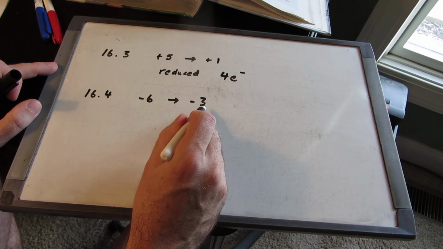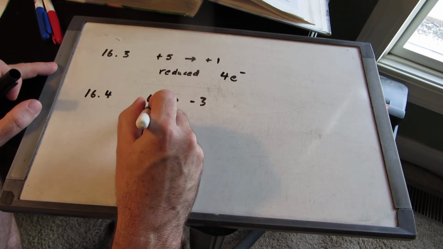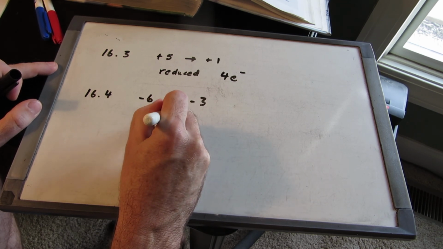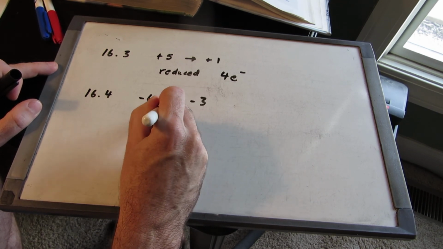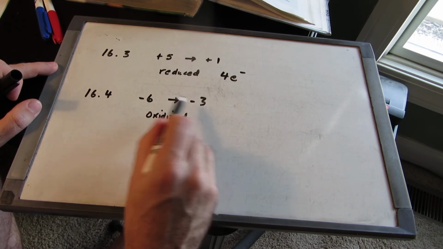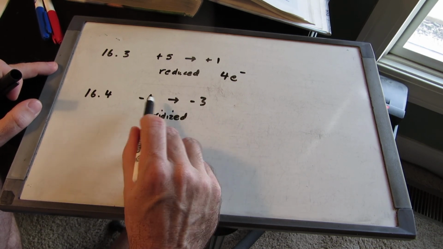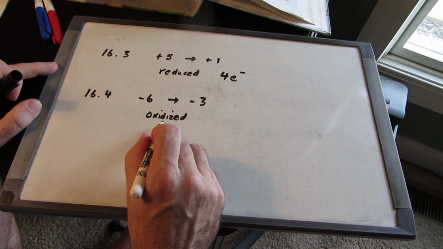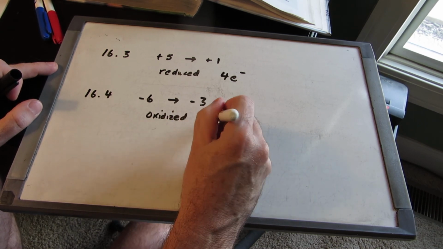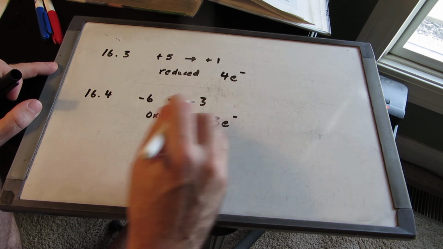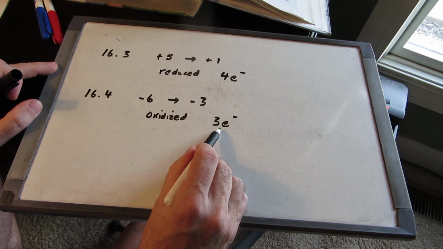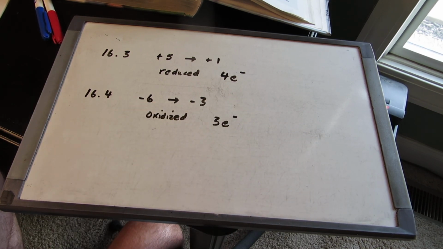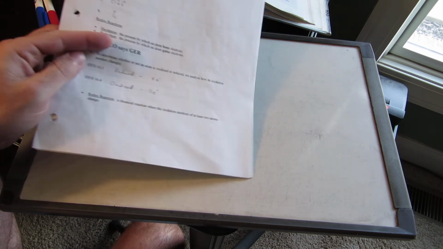It lost electrons, so it's oxidized. If the oxidation number is getting larger, it means it's getting more positive. That means it loses electrons. Loss of electrons, oxidation, and there were 3 of them. -6 to -3 would be 3 electrons participated. Alright, next bullet.